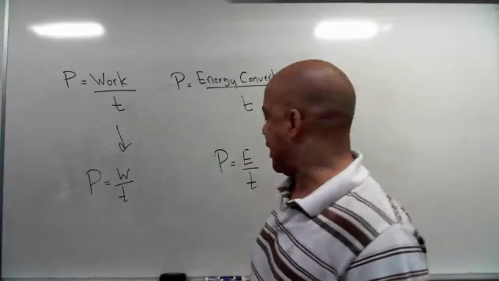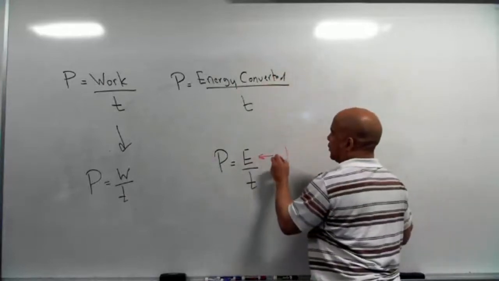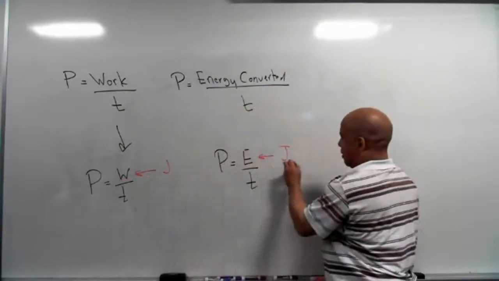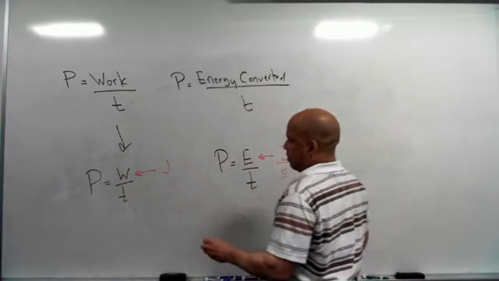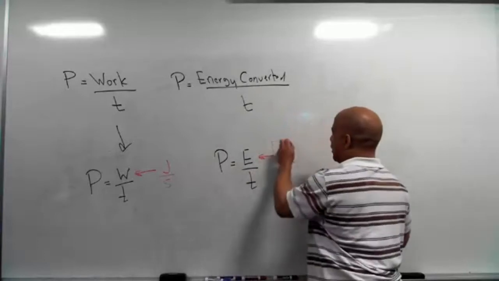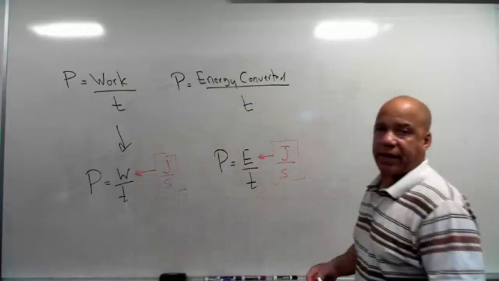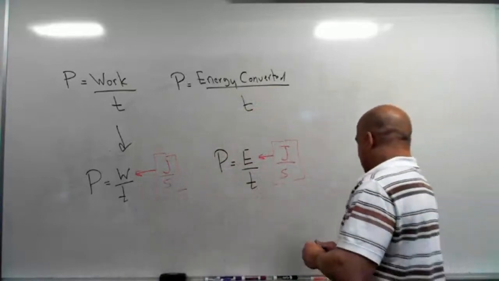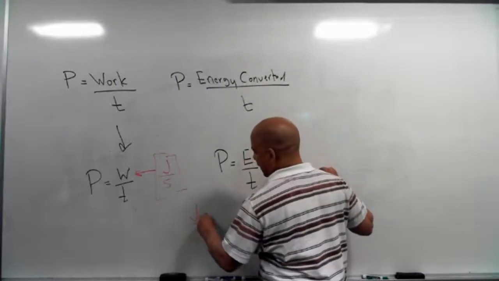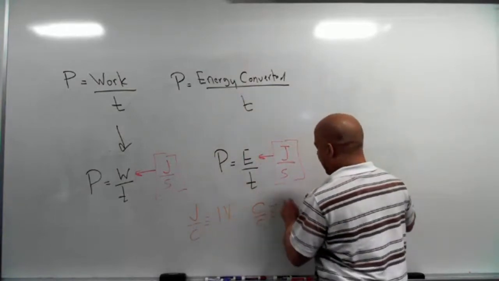Now, if you remember what we said in the last class, the unit for energy is the joule, and the unit for work is the same as the joule. We use seconds for time. So in both cases, the unit for power is the joule per second. And remember, for volts, we had a joule per coulomb, which we define as 1 volt. Or we had a coulomb per second, we define that as 1 amp.